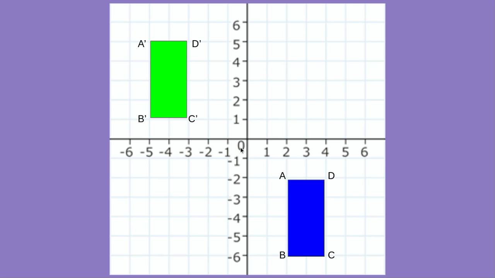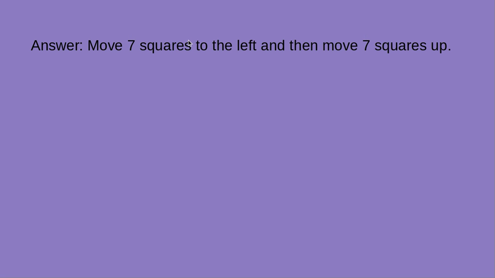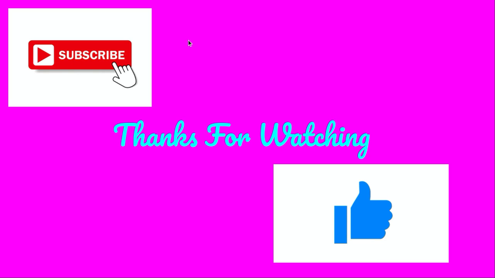And then for D, 1, 2, 3, 4, 5, 6, 7, and then 1, 2, 3, 4, 5, 6, 7. So here we have the answer, which is move 7 squares to the left, and then move 7 squares up.